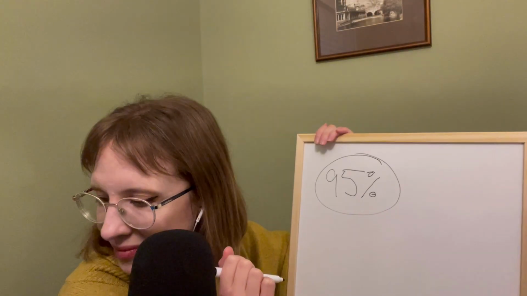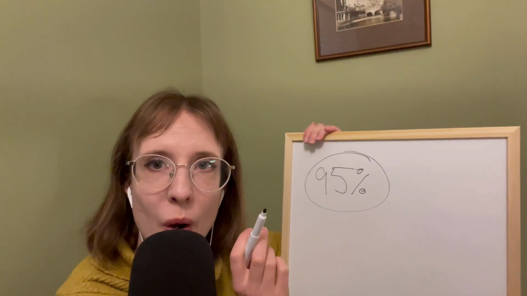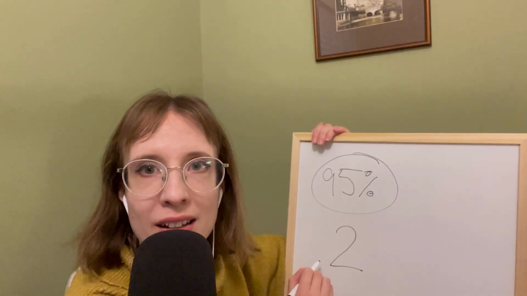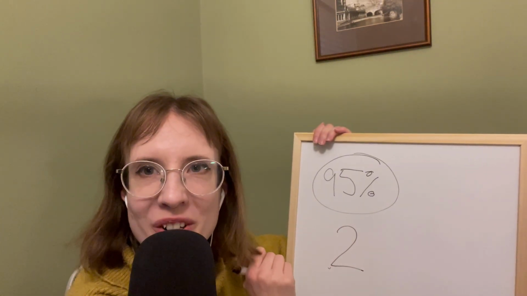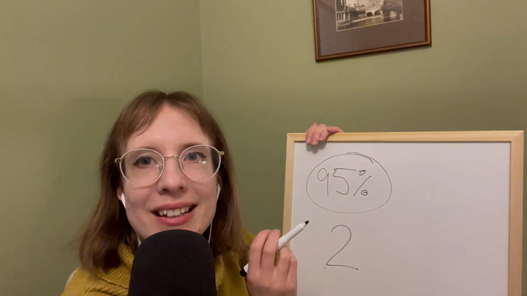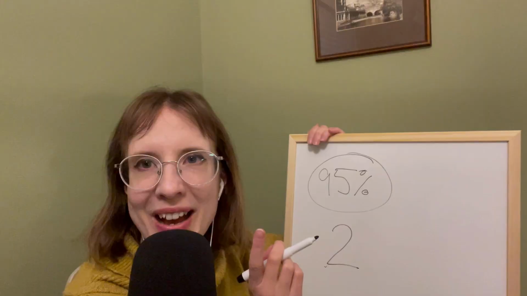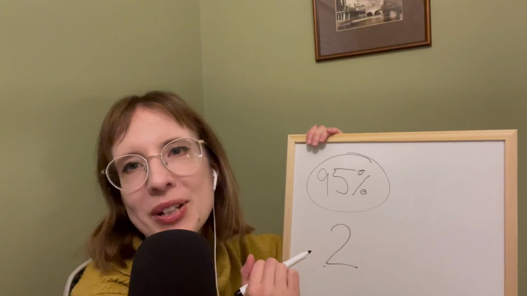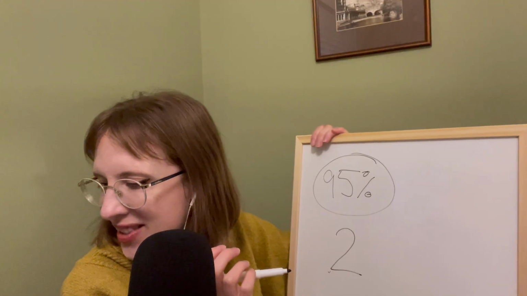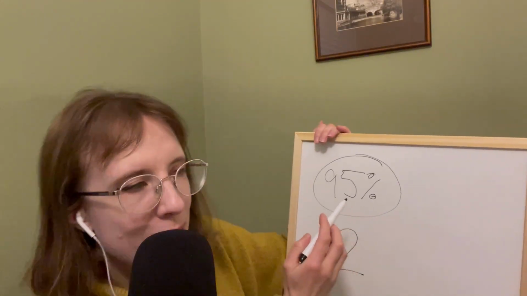And each orbital holds up to two electrons. So 2 electrons can be found in an orbital as a maximum. You can't get 3 in an orbital, as far as I'm aware. And so we say 95%.